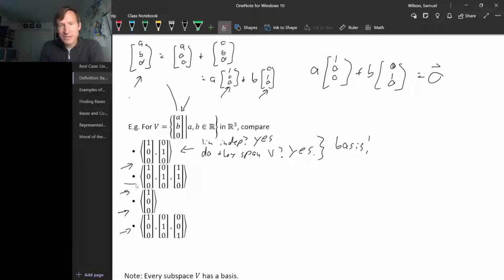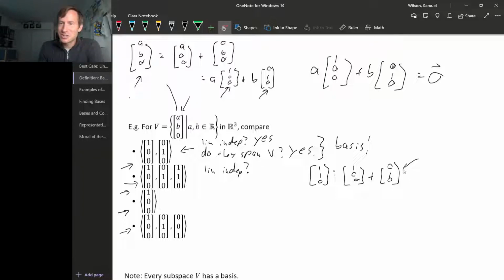All right, so what about this one? So we have to ask the same two questions. Are these linearly independent? Is there some non-trivial linear dependence relationship between these? And probably just by looking at it, you can tell, yes, there is a non-trivial linear dependence relationship, because (1, 1, 0) is equal to the sum of (1, 0, 0) and (0, 1, 0).